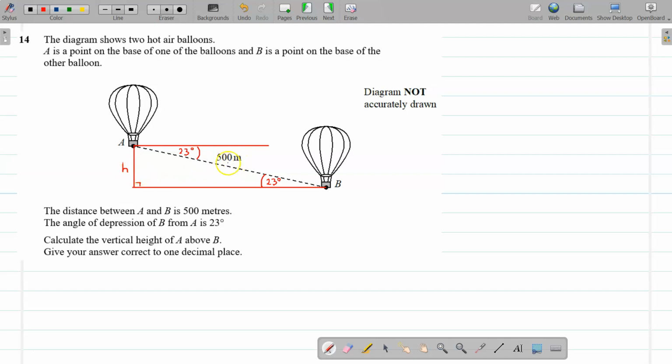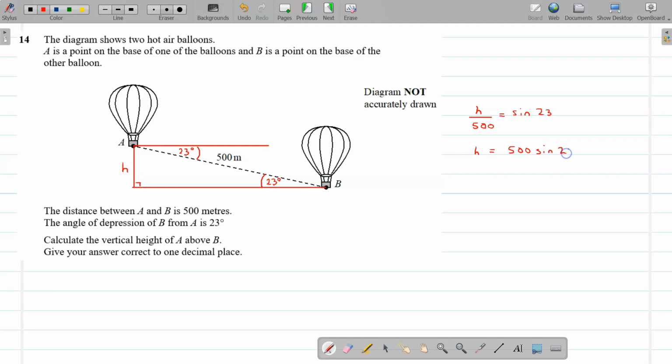I'm referring to hypotenuse here, so that's slightly confusing, but basically H over 500 is the sine of 23 degrees. Okay, so therefore the height H is 500 times the sine of 23.